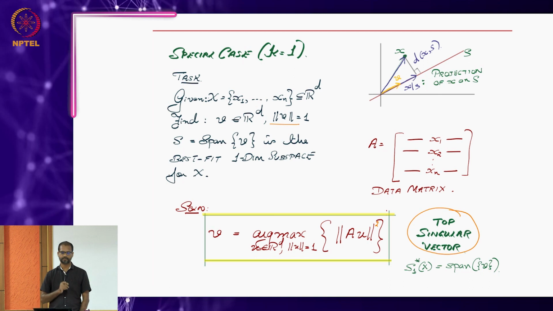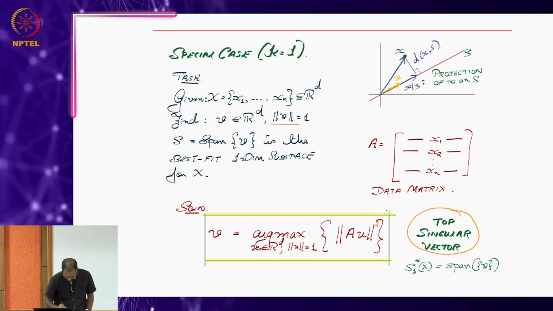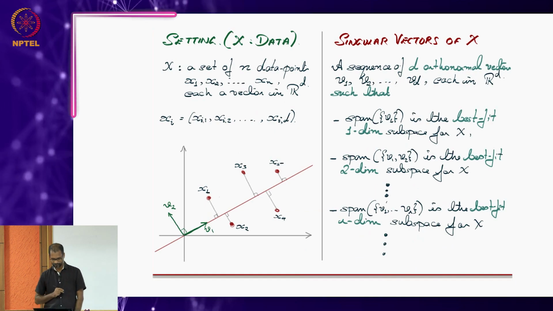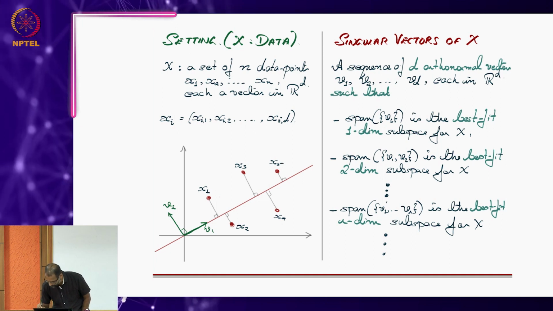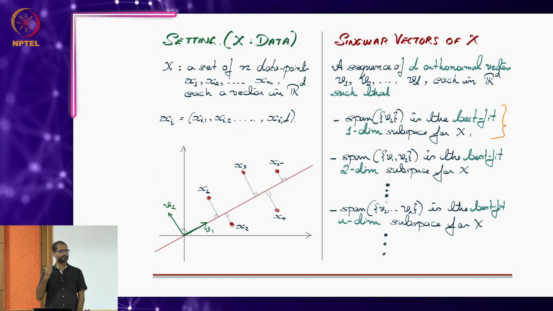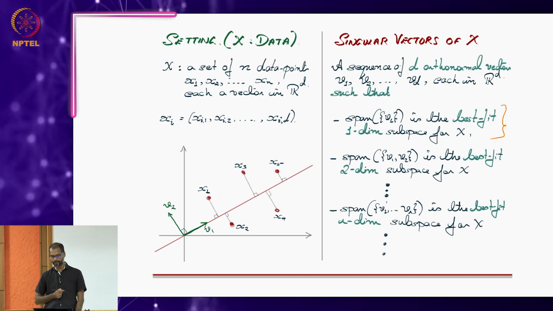If I go to our first slide, I hope you understand this part now. V1 is the top singular vector. And what is the property of that top singular vector?